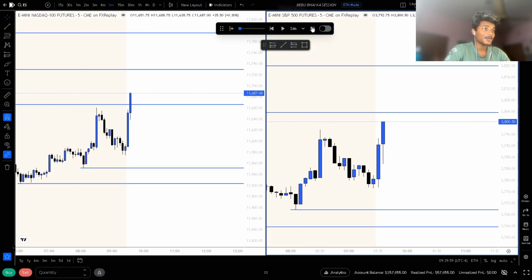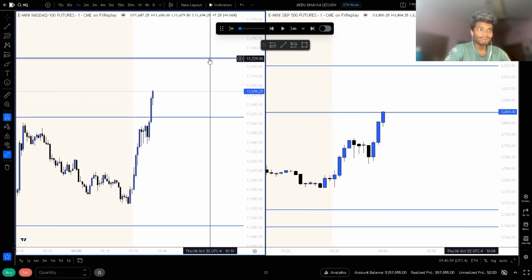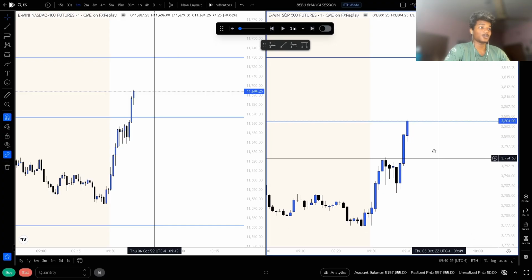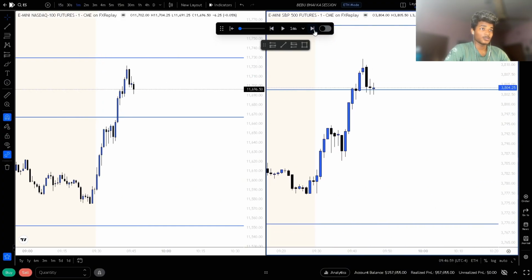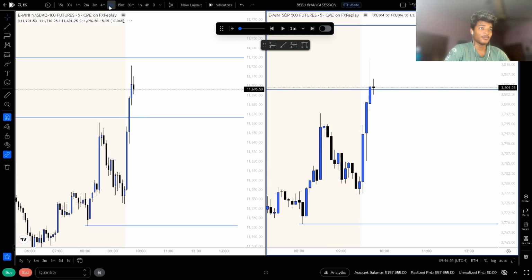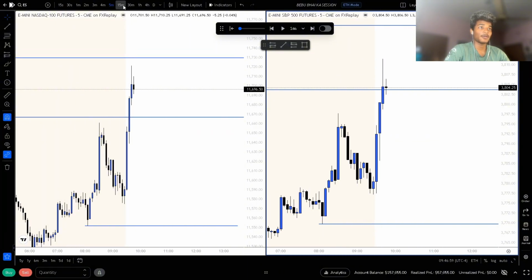So we have this 5-minute gap as well, and I wanna take shorts now, guys. So we inverse this gap, but I don't take trades usually against a 5 or 15-minute gaps.